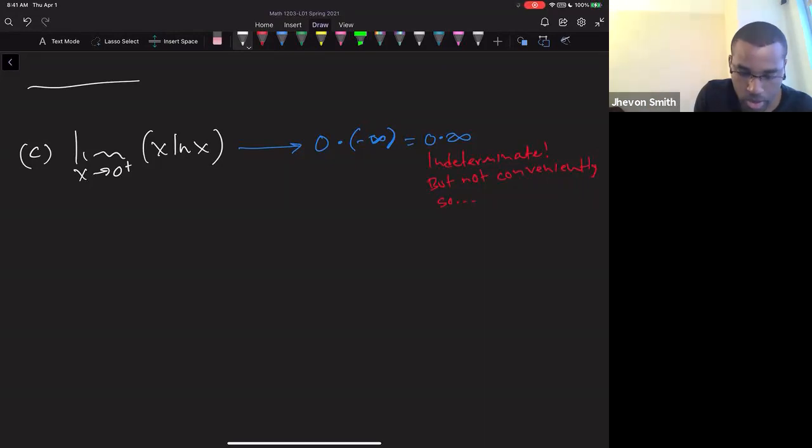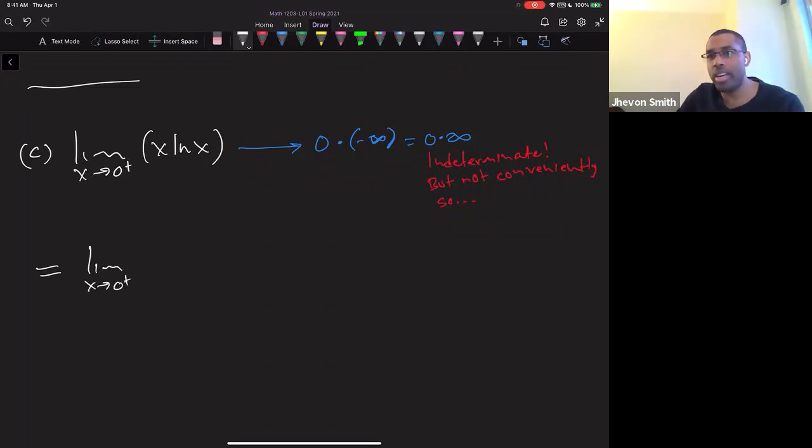Well, one trick is to do this really strange thing that you usually won't do. But if you want to create a division from multiplication, it's an option. I can take the reciprocal of a reciprocal.